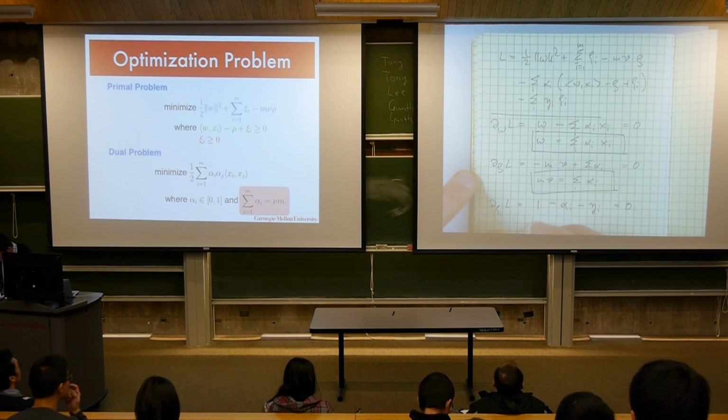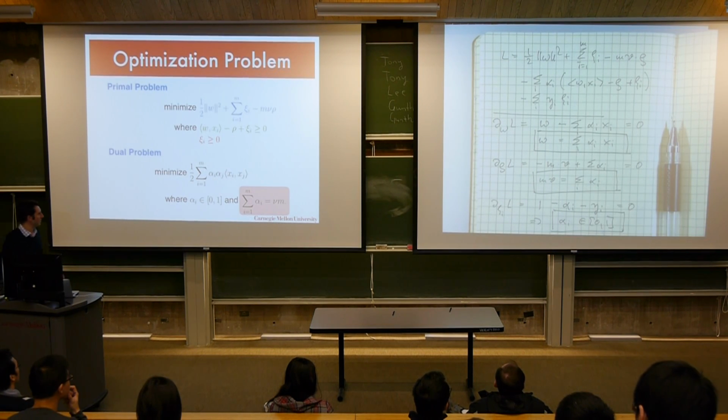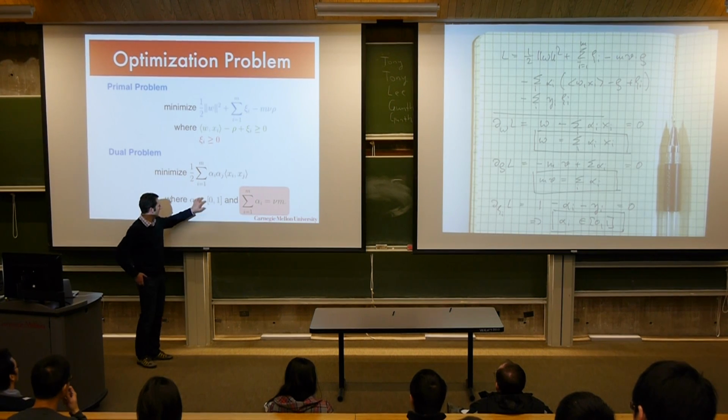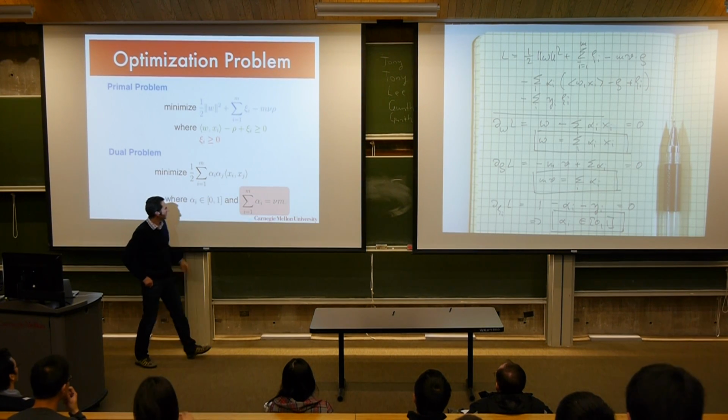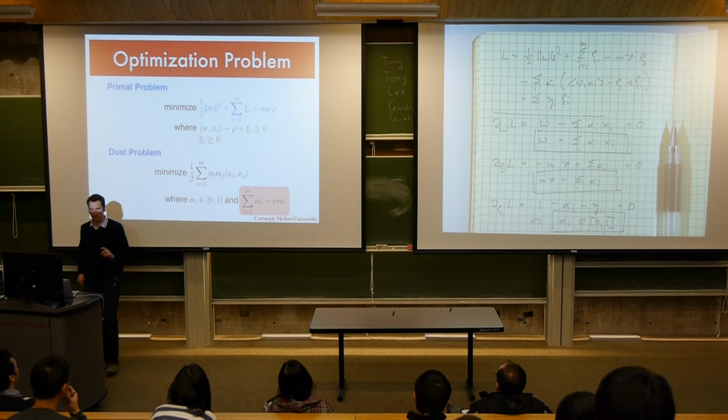And so we get the well-known constraint that the alpha i's have to be in the interval between 0 and 1. And we can afterwards get rid of the etas. So I've just derived all three constraints. This, that, and then the solution for w.